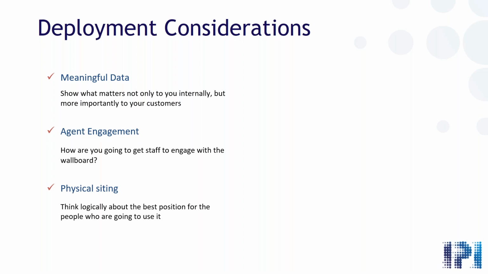Physical sighting. Nobody wants to be craning their neck or looking around a pillar to get that data view. You've got to think logically about the best position for the people who are going to use it, to ensure that data is there and is actionable for them.